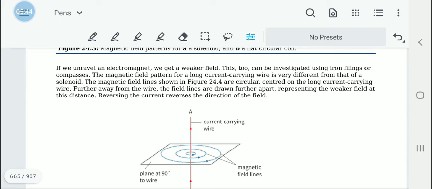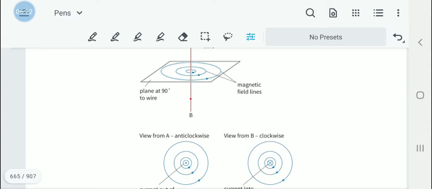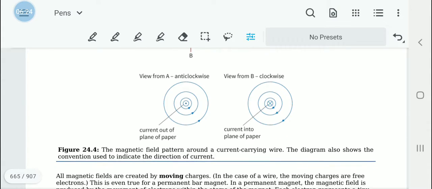If we take a long current carrying wire, we can make it into a solenoid and figure out how the length of the solenoid would affect the strength of the field. We can then describe how the effect changes as we go further and further away. We will see that iron filings get arranged quite distant to one another. So it shows us that the effect of the field reduces as we go further away.